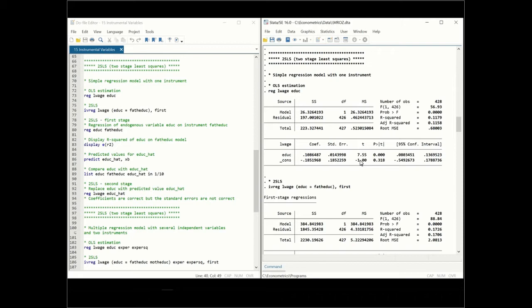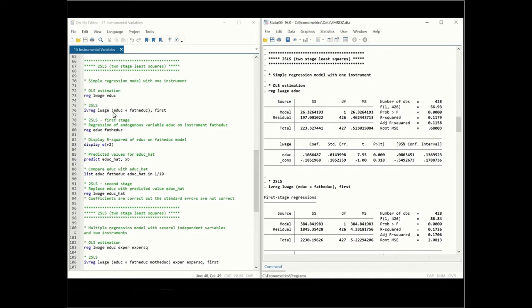Now, how we do a two-stage least squares estimation, this is the shortcut formula for that. So we have IV regression, and here we have log of wage regressed on education. But here, education equals father's education. If we put that in parentheses, this means that this is the first stage of the two-stage least squares.